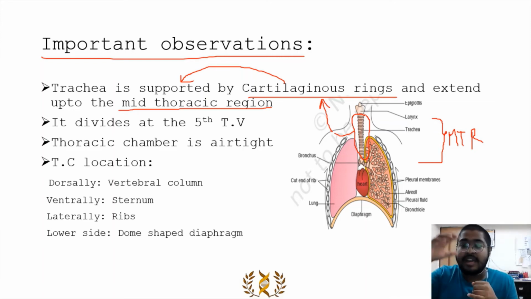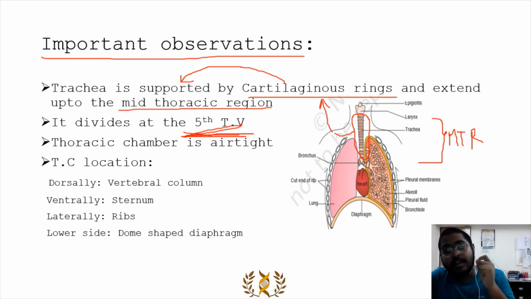Till where does it extend? Till the mid-thoracic region. And then where does the trachea divide? It divides at the fifth thoracic vertebra, and you can see it is getting divided.